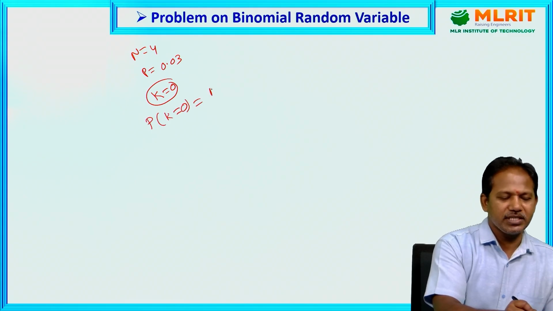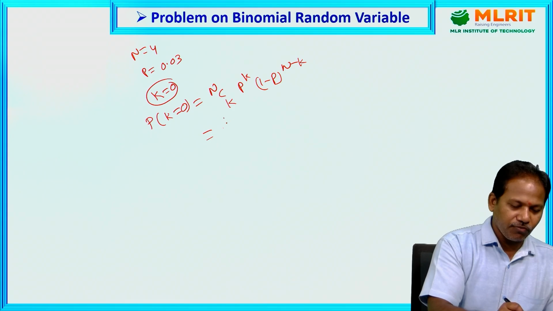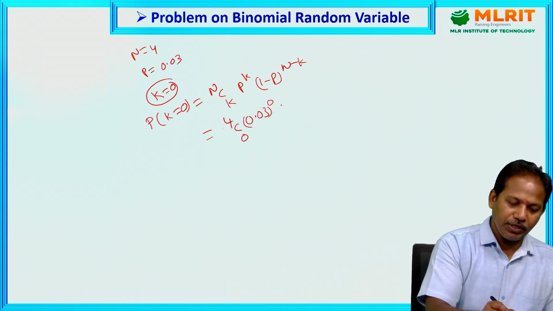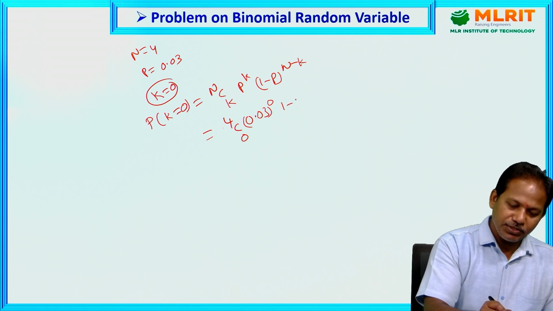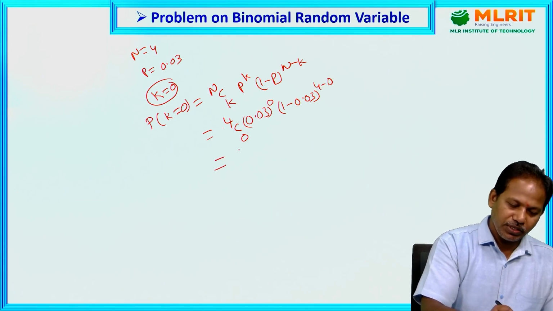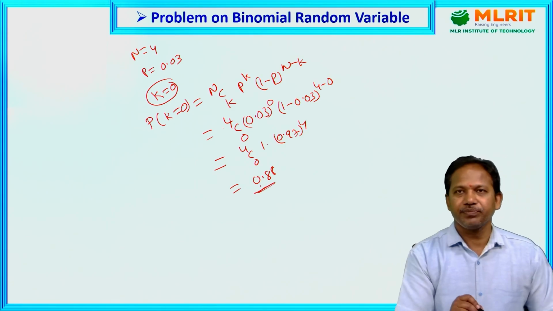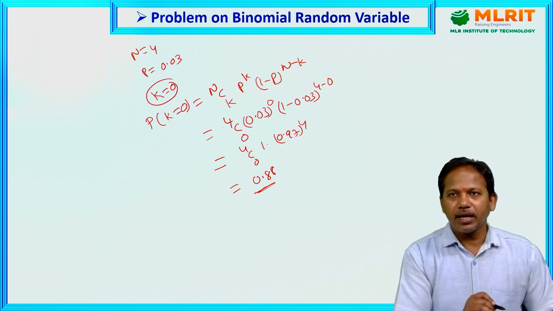We already know the formula, NCK P power K into (1 minus P) whole power N minus K. Here N is 4, 4C0, 0.03 power 0 into (1 minus 0.03), that is 0.97, power 4 minus 0. 4C0 is 1, so the value is 0.97 power 4, which is approximately 0.88. So this is the probability that all cans are in tolerance.